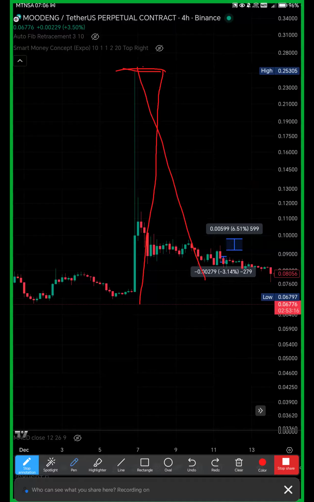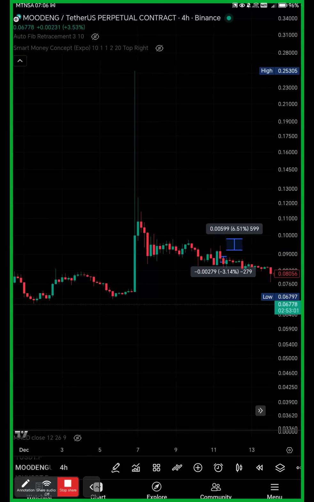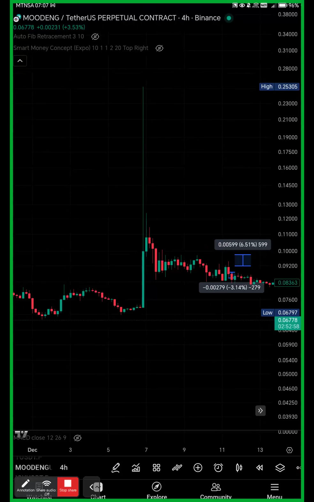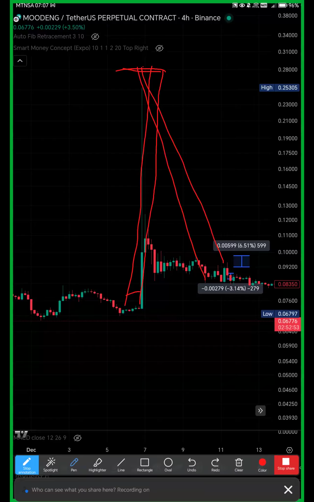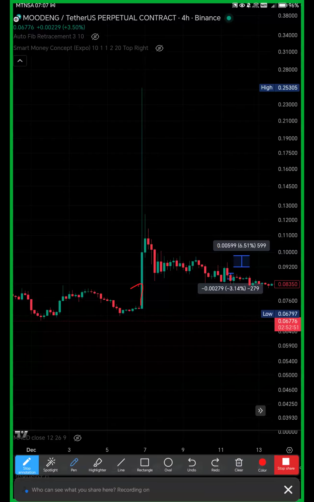Okay, when you see just one candle, this was a 4-hour candlestick, pumping abnormally, you should expect a dump afterwards. In most cases, it's different when you see candles developing normally, one by one, going up, one by one. Okay, this is normal. But when you see a candle pumping like this, please watch out.